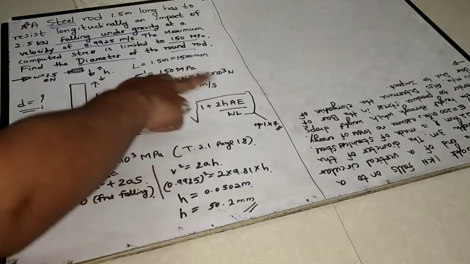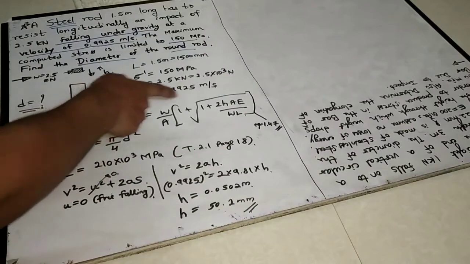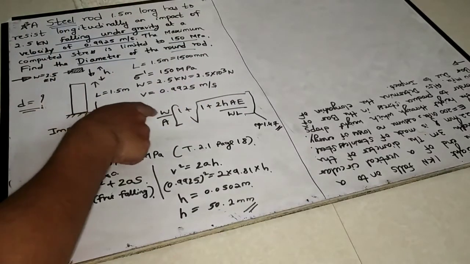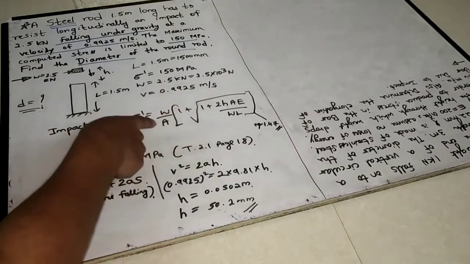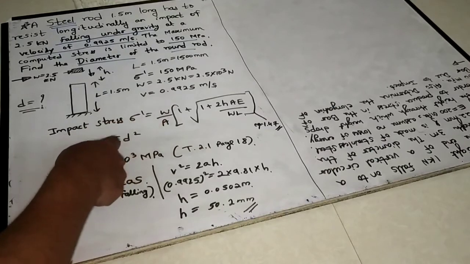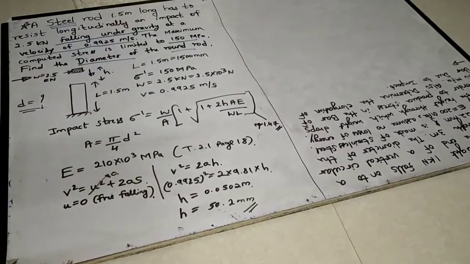Now look at the expression, everything is known, w is known, h is known, Young's modulus is known. So putting all the values in this expression, you'll be getting cross-sectional area. Equating that value to pi by 4 d square, you'll be getting diameter d of the round rod. Okay.